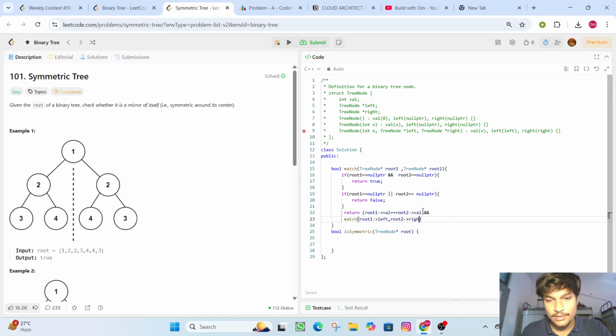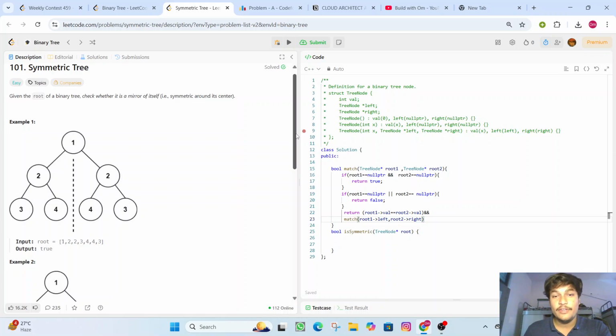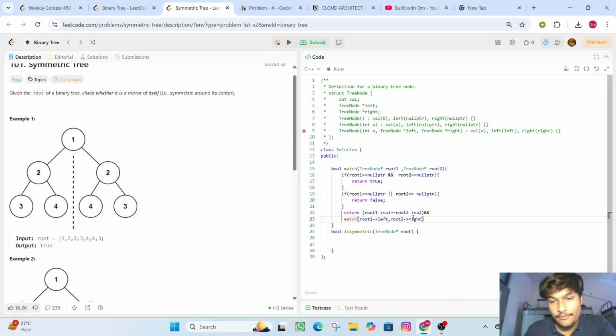So why are we checking root1 left and root2 right? Why can't we check root1 left and root2 left? Because we have to identify the symmetric condition. If we had to check whether the trees are identical, then we would write root1 left and root2 left. I hope you understand this.